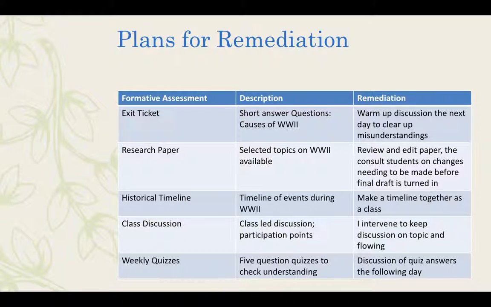The historical timeline, we can make the timeline together as a class. Class discussion, I could intervene to keep the discussion on topic and flowing, as well as helping get students to participate. And weekly quizzes, we could have a discussion of the answers the following day and make the grading criteria easier.